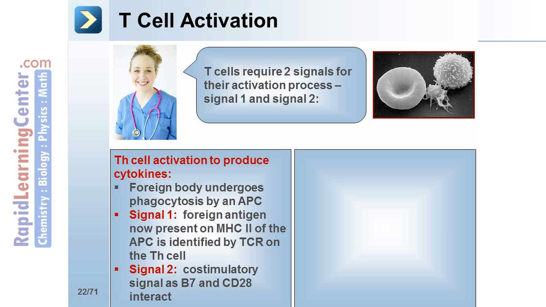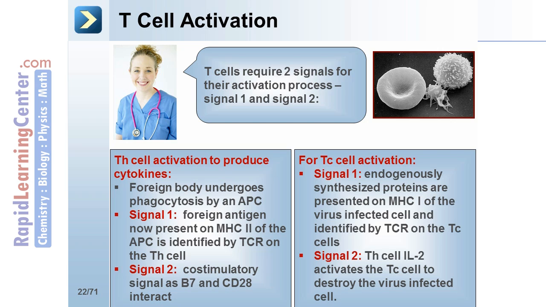Then, signal 1 occurs when the foreign antigen, now present on MHC2 of the antigen-presenting cell, is identified by the TCR on the Th cell. And signal 2 is a co-stimulatory signal as B7 and CD28 interact. This activation allows the Th cell to now produce cytokines.